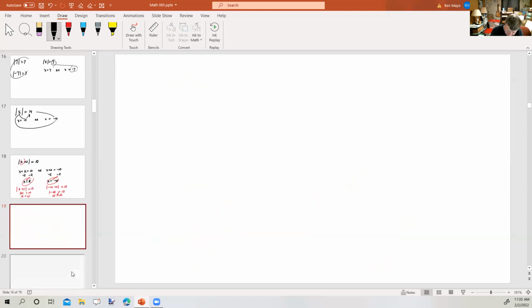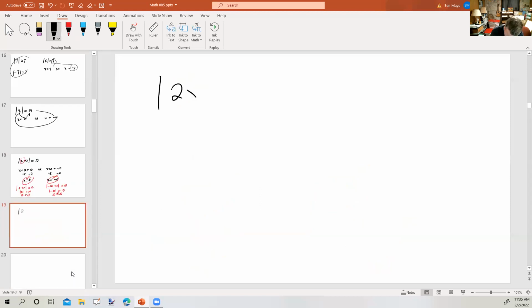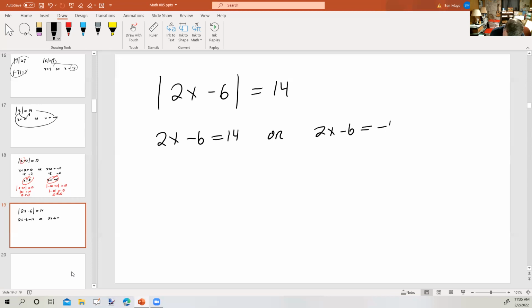How about this one? The absolute value of 2x minus 6 equals 14. So that means that what's inside the absolute value bars has to either equal 14 or equal -14, because the absolute value of -14 would be 14. So we have 2x minus 6 equals 14, or 2x minus 6 equals the opposite of 14, or -14.